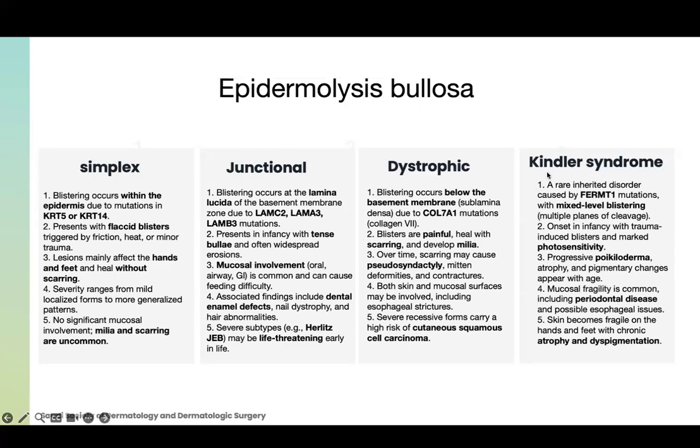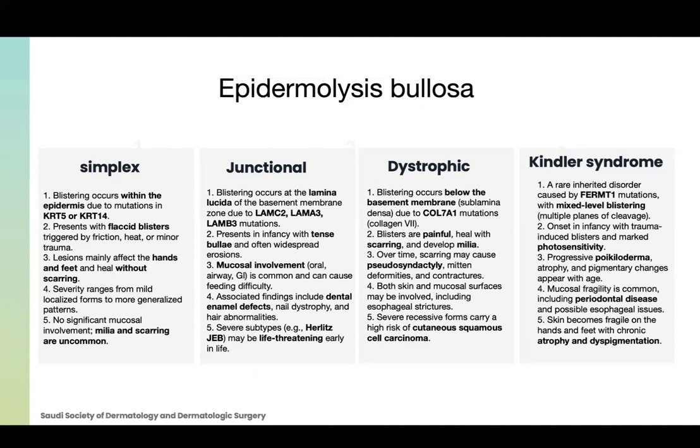And there is a syndrome called Kindler syndrome. There's no special site of separation, but there are mixed levels, and it usually occurs early on in life and changes with aging. So these are the most common ones, and they're different. Some of them are autosomal dominant, and some are autosomal recessive.